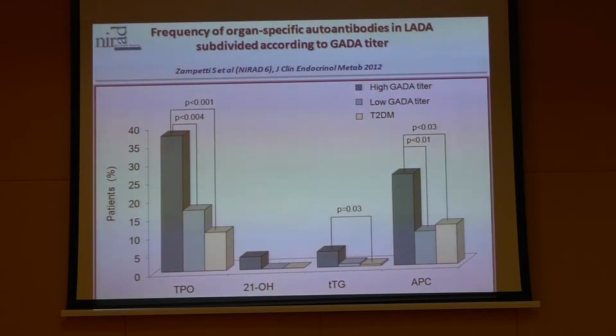So the high titer classically define a patient that is an autoimmune patient. If you have low GAD titer, even the other antibodies are at low levels or maybe negative. So definitely these are two different populations within the classical autoimmune patients with type 1 diabetes, with autoimmune diabetes.